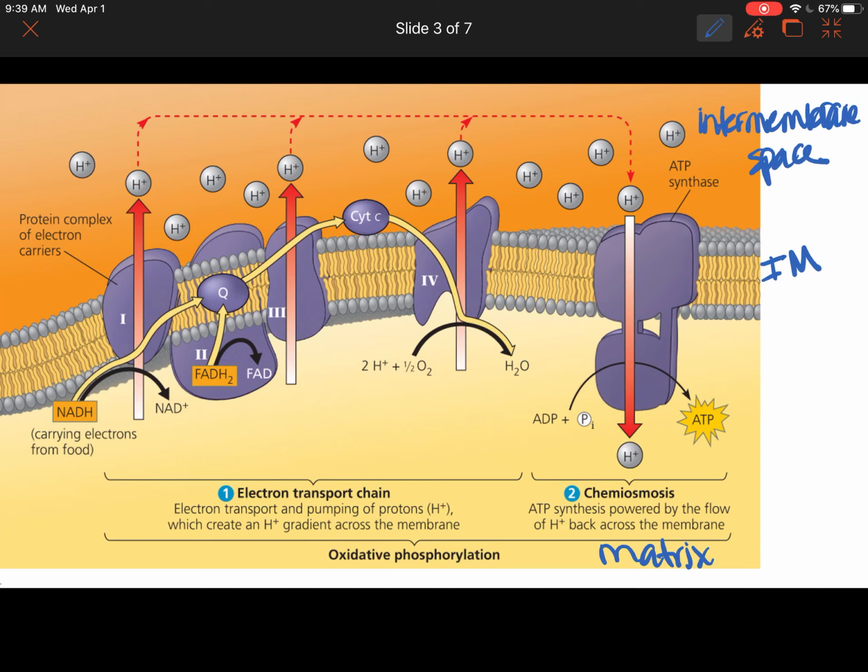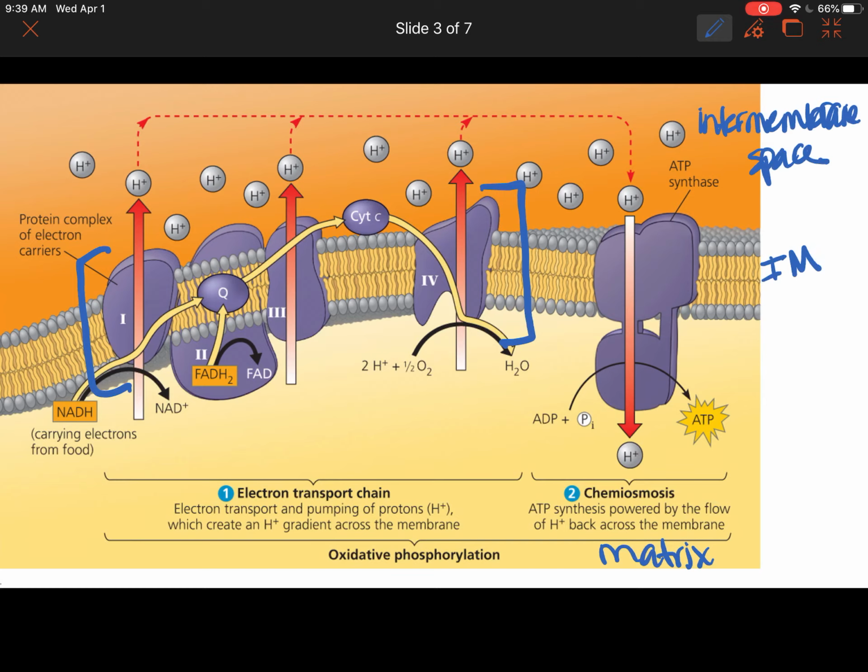Now, these big purple blobs, those are the transmembrane proteins that make up the electron transport chain. And there are 4 of them. They all have unique names. You don't have to worry about that.